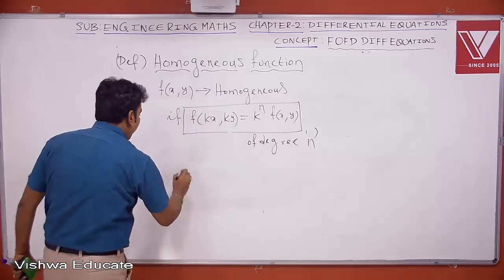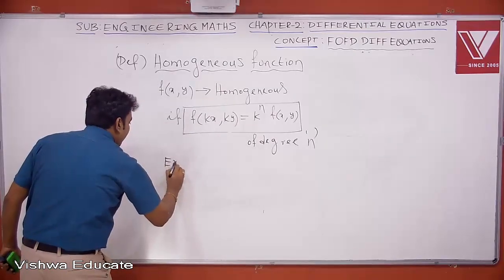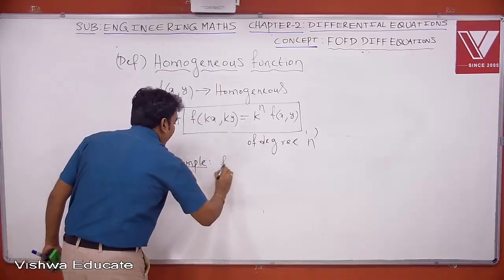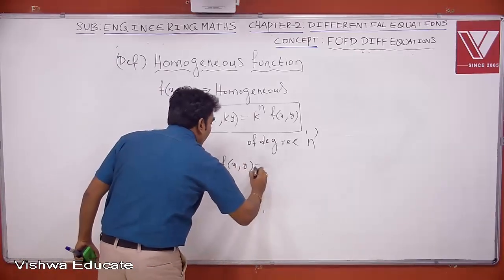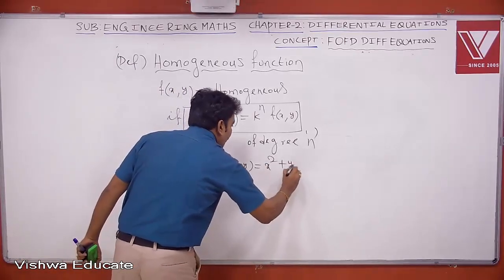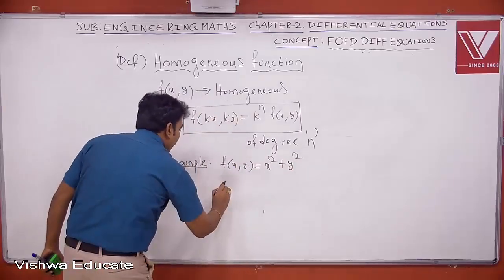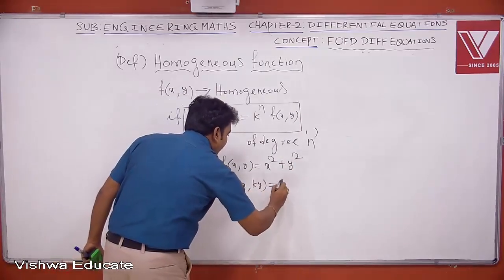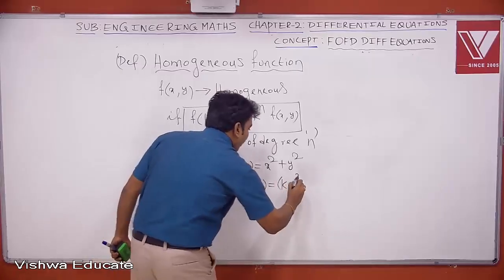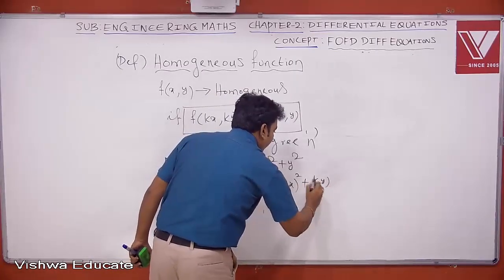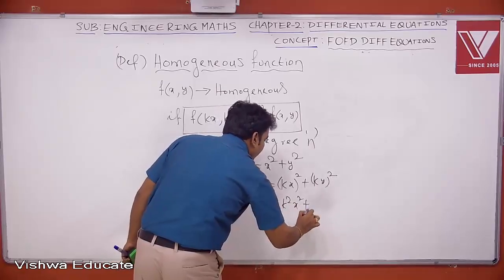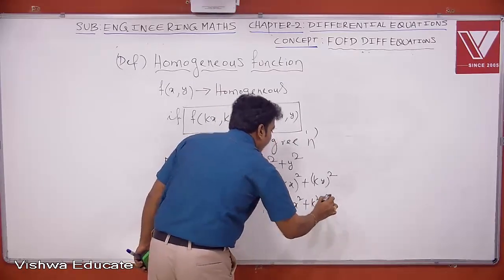Let us take an example. Suppose f of x comma y equals x square plus y square. Simplest example. Replace x by kx, y by ky. The result is kx whole square plus ky whole square, and this is k square x square plus k square y square.